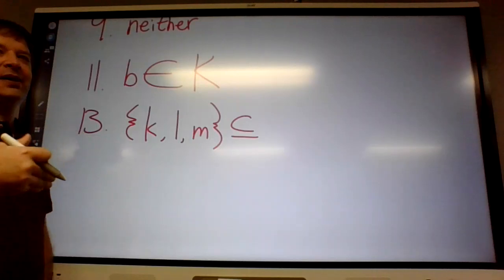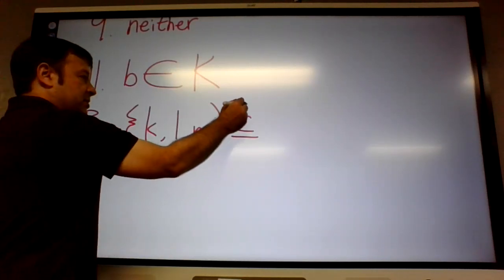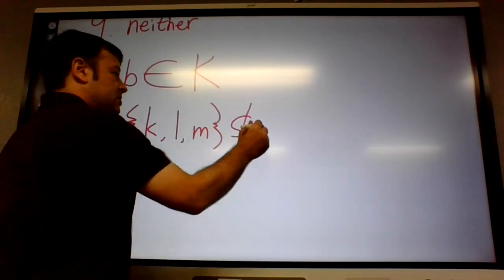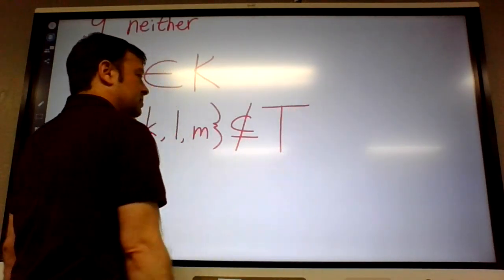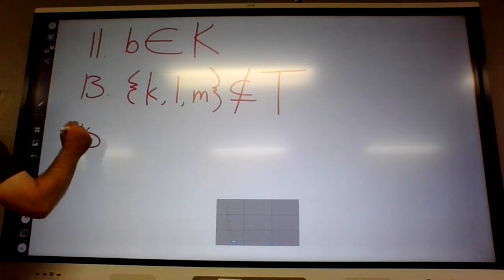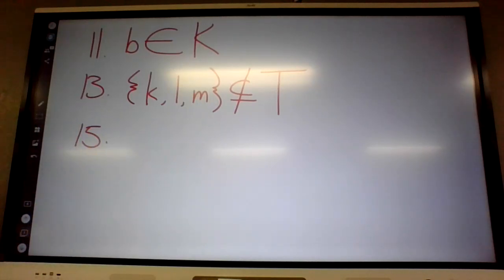But it said it's not a subset, so you just cross it out. Then set T. Not a subset.